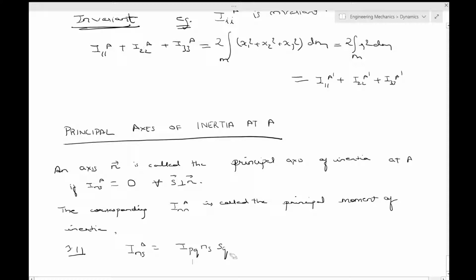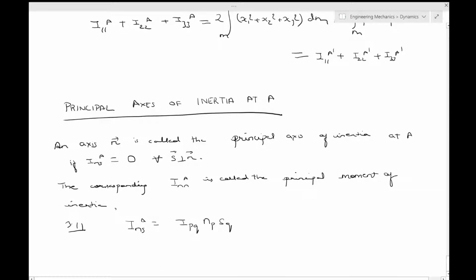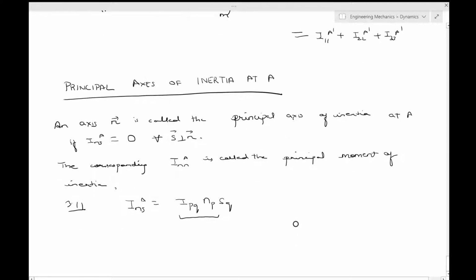There can't be an s in q. It will be n_p and s_q. Now in this one, call this term, this will only depend on q because the p will be repeated. So let V_q be equal to I_pq n_p.